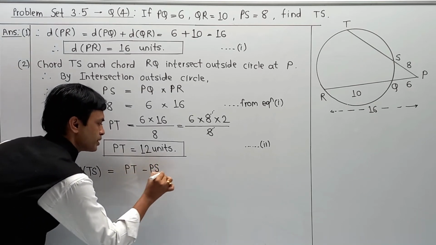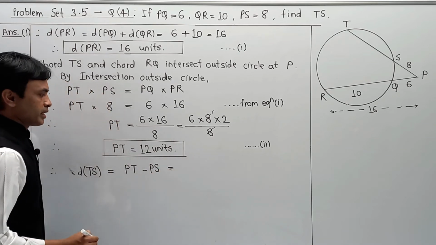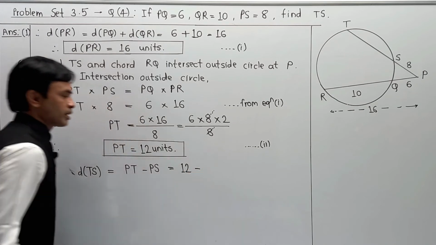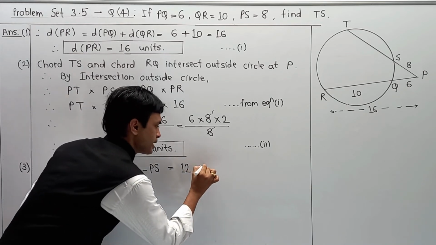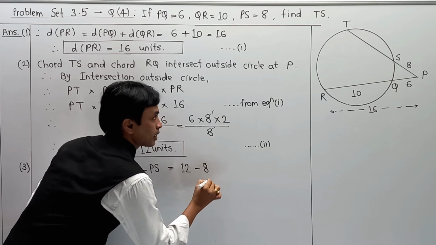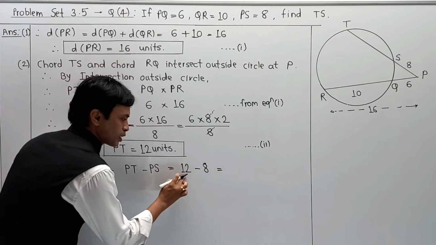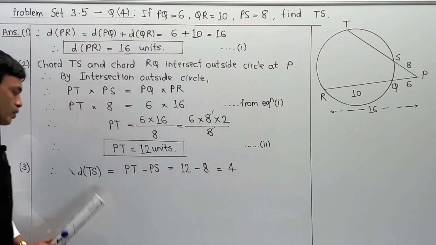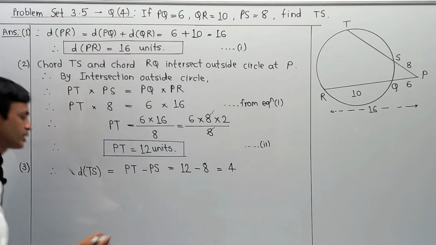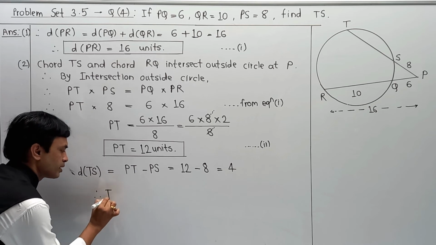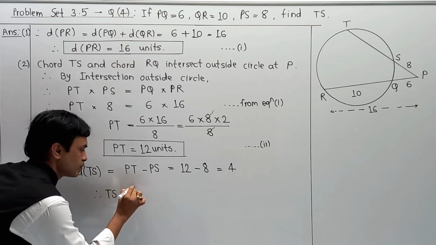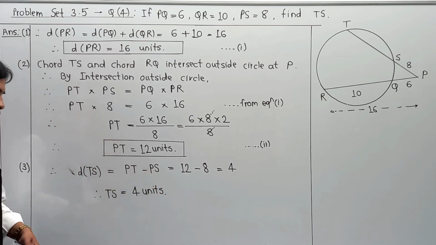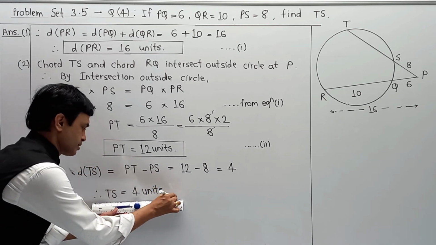The value of PT that we have calculated is 12 units, so it becomes 12 units minus the value of PS, that is 8. 12 minus 8 means 4 units. Therefore TS is equal to 4 units, and in this way you can complete your final answer.